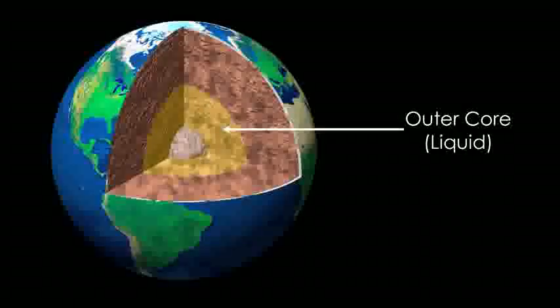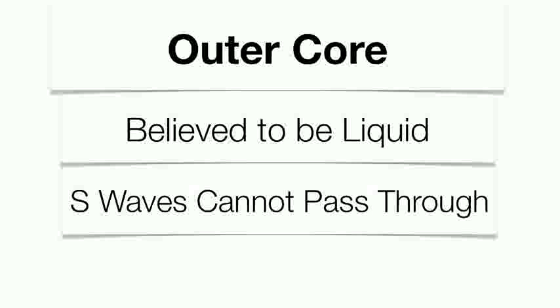The outer core is very important because what happens here is through the study of S-wave travel, we believe that the outer core is liquid, very simply because S-waves cannot pass through this outer core. What happens is they get absorbed, and you get what's called an S-wave shadow zone on the opposite side of the earthquake focus.